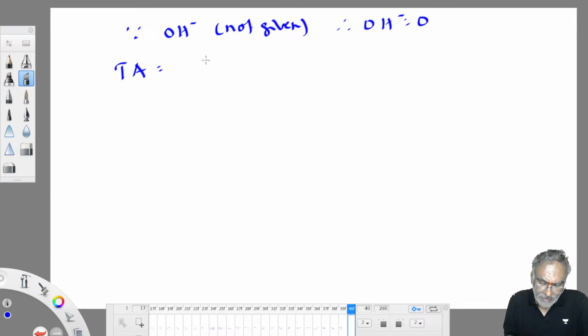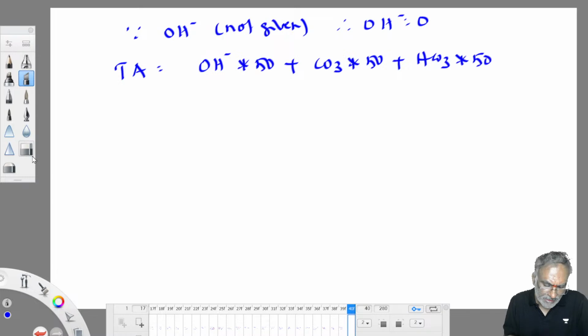Remaining things you can ignore. So OH minus milliequivalents per liter into 50, plus carbonates into 50, plus bicarbonates into 50, because concentrations are given in milliequivalents per liter. Most of the times they will express in milliequivalents per liter, so it's so simple.